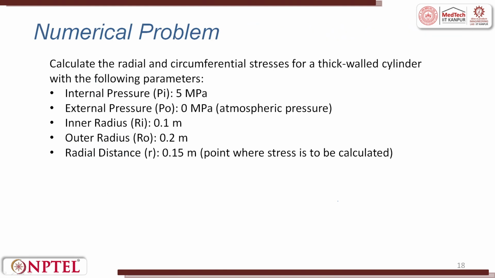Now, let us try to solve a numerical using the thick wall cylinder formulas. Calculate the radial and the circumferential stress for a thick walled cylinder whose internal pressure Pi is given, external pressure P naught is given, then we have inner radius 0.1, outer radius 0.2, the radial distance is 0.15.